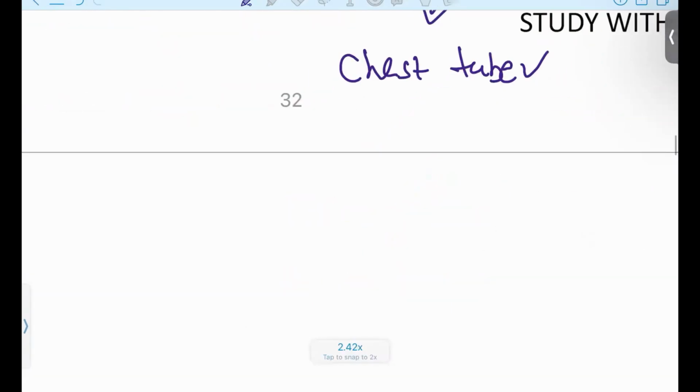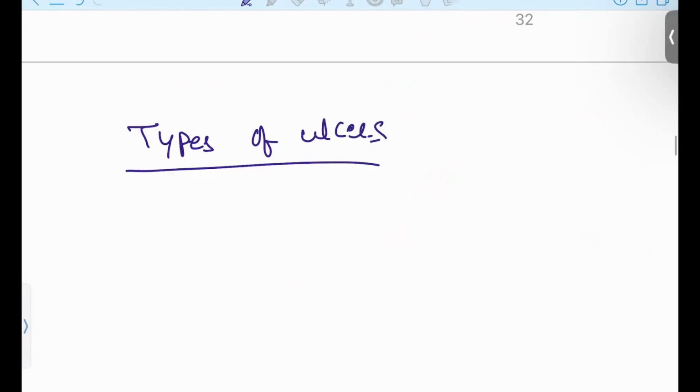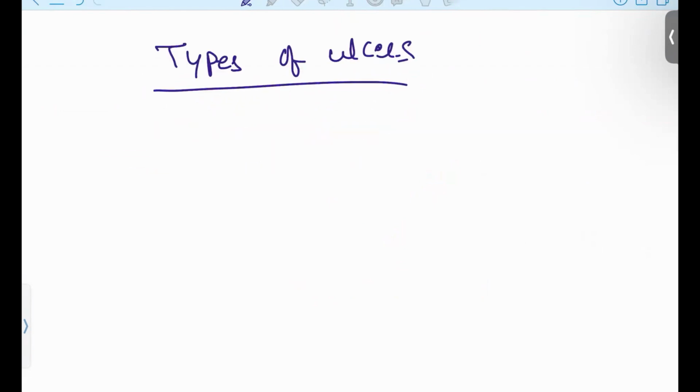Next one, types of ulcers. Okay. In the types of ulcers, you have the sloping one. This is the sloping one, commonly seen in patients who are healing.